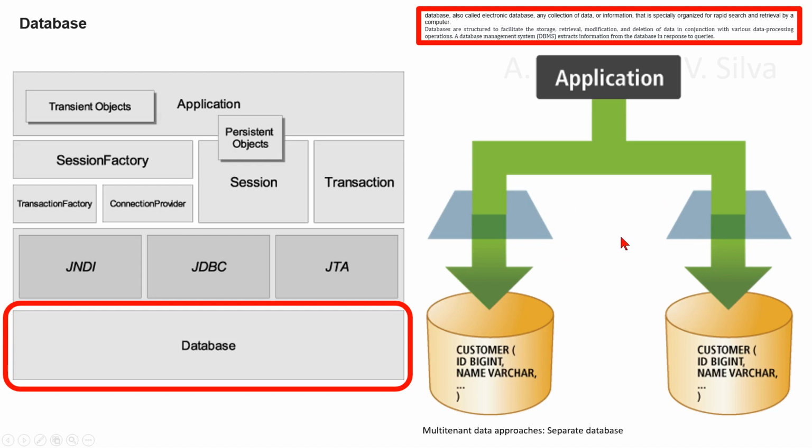A general application approach here would be to define a JDBC connection pool per tenant and to select the pool to use based on the tenant identifier associated with the currently logged in user. Here you can see the application is connected to databases.